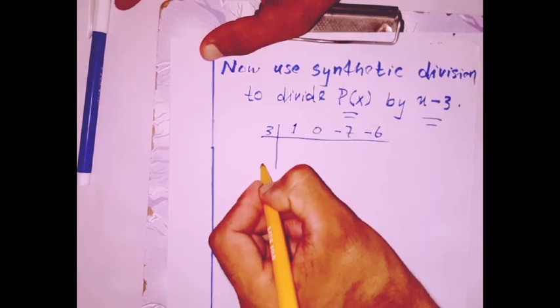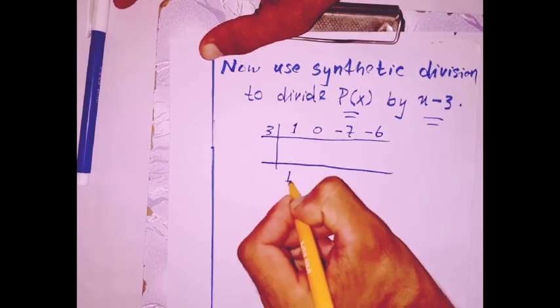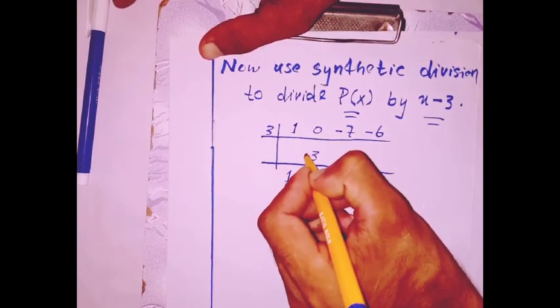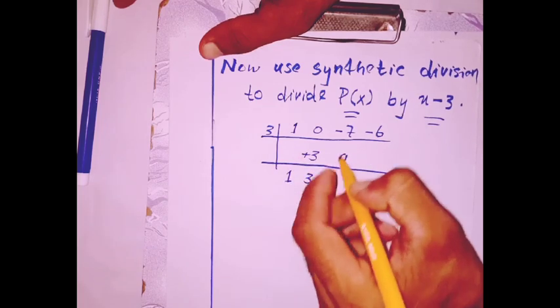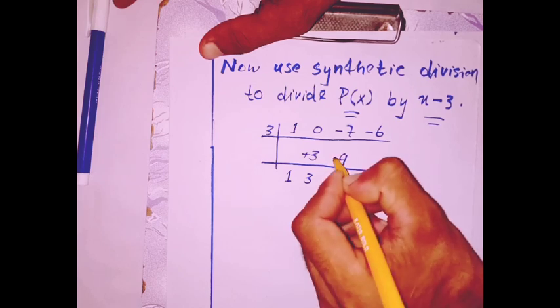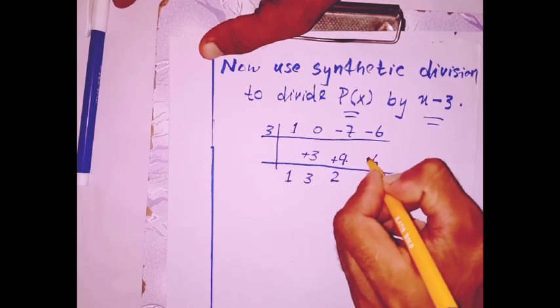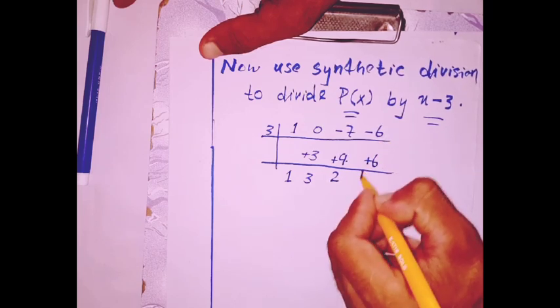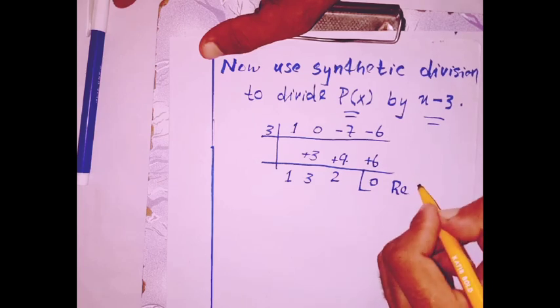Now divide by 3, so we write 1 as it is. So 3 into 1 is 3, so 0 plus 3 is 3. Now 3 into 3 is 9. Minus 7 plus 9 is 2, so 2 into 3 is 6, so minus 6 plus 6 is 0. Here 0 is the remainder.